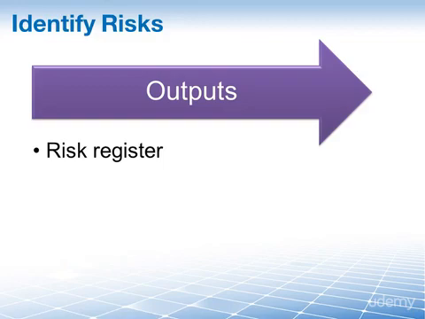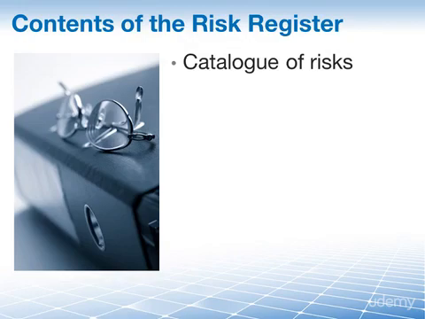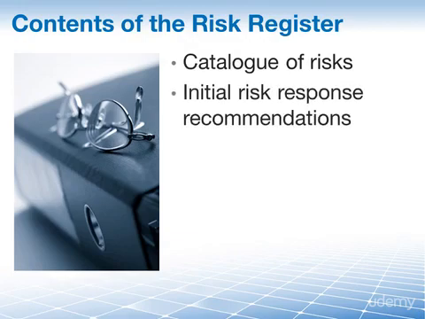So what is in the risk register? Let's take a look. Some of the contents of the risk register are the catalogue of risks, which is the list of all your risks that you have identified on the project. The list should also contain an initial risk response, those that were easy to find, that you instantly were able to say, oh, this is a risk and here is a possible response to this.